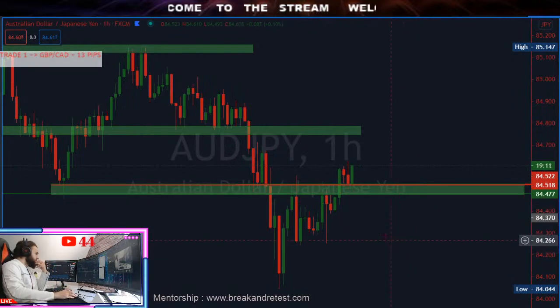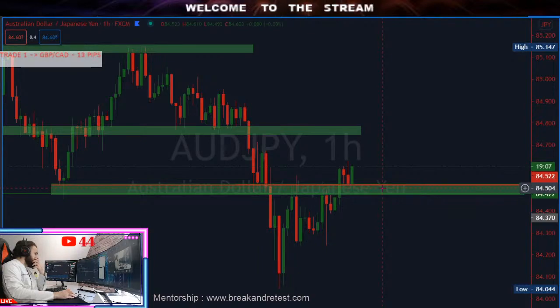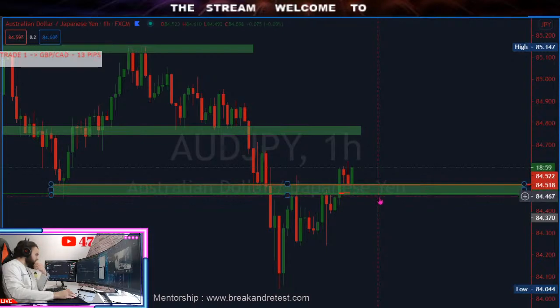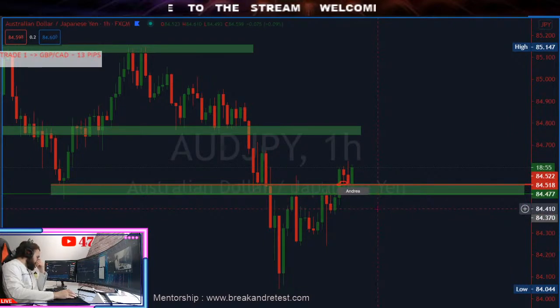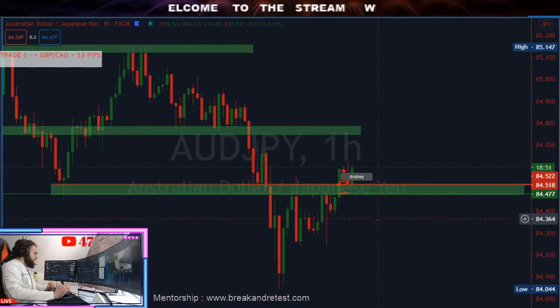Okay. Are you in the trade still or not? No, I didn't take it because I put the entry only here. And this is another question. The price would have taken the entry here, then taken profit here, and after came back.